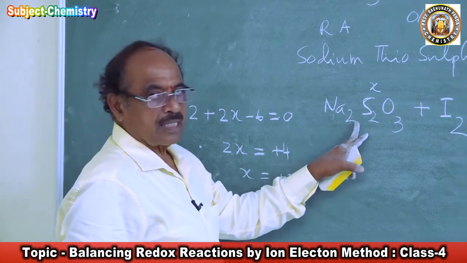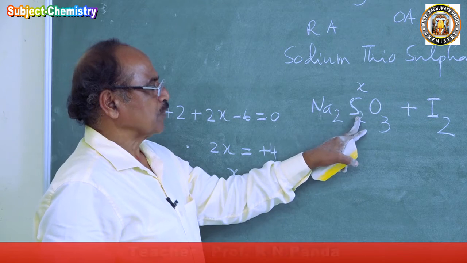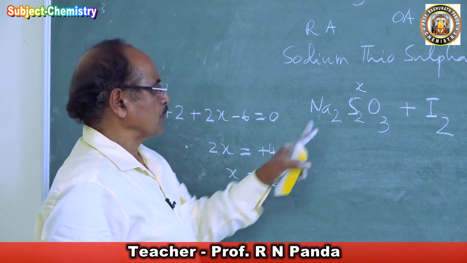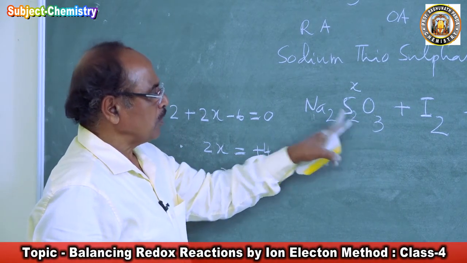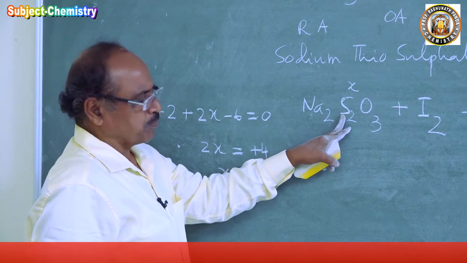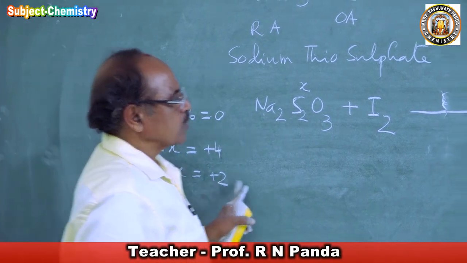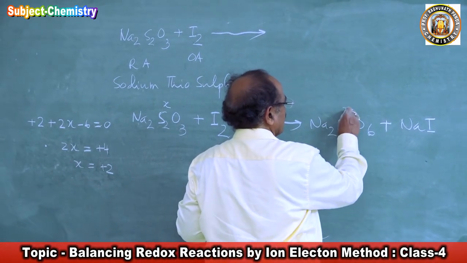In sodium thiosulfate, it is +2. So +4, you have minus 6. So +2, +4, oxygen is -6, so +2 oxidation state. In sodium thiosulfate, we are calculating the oxidation number of the sulfur, x.